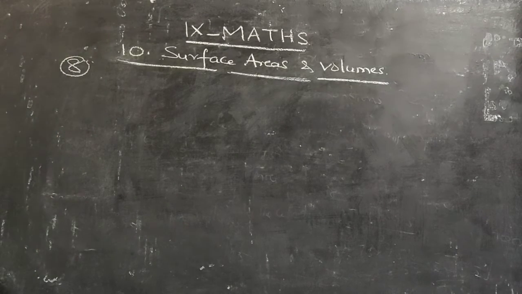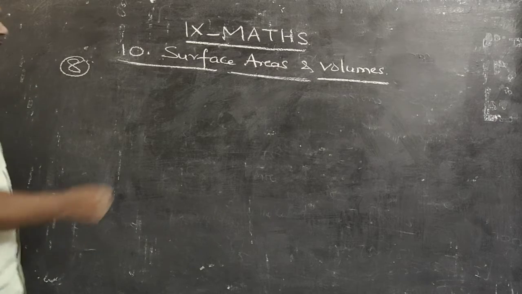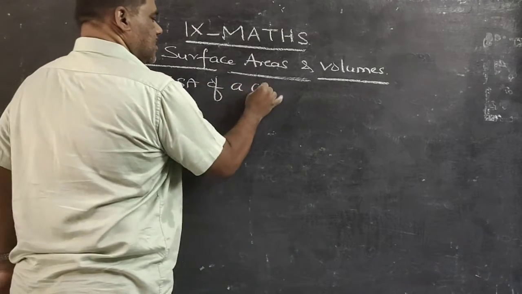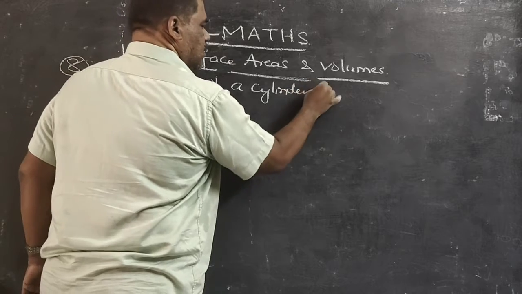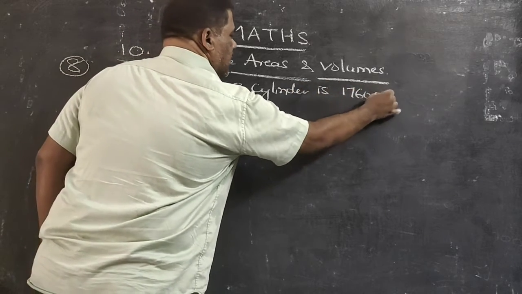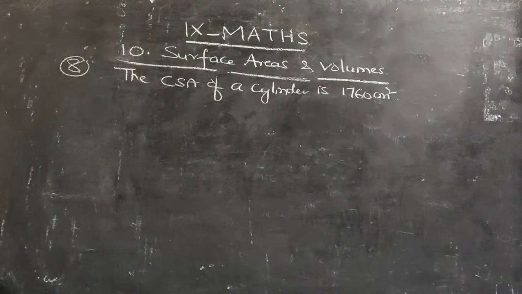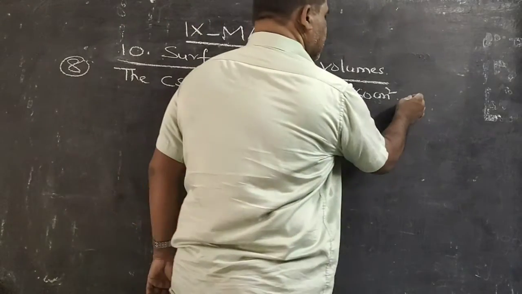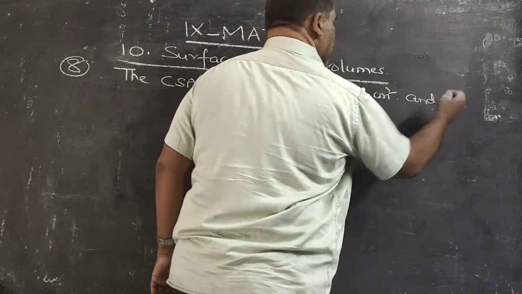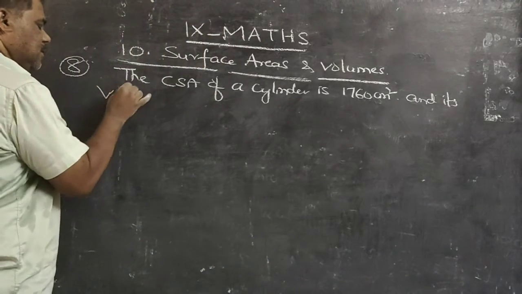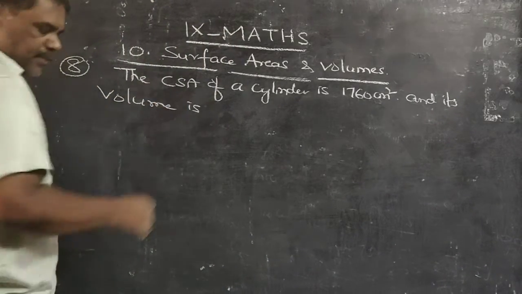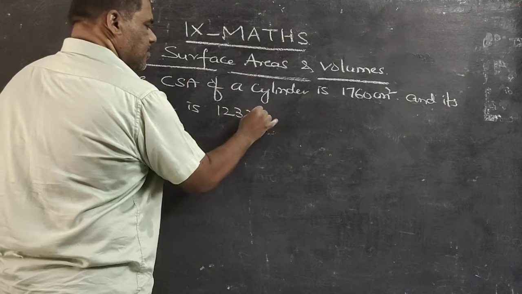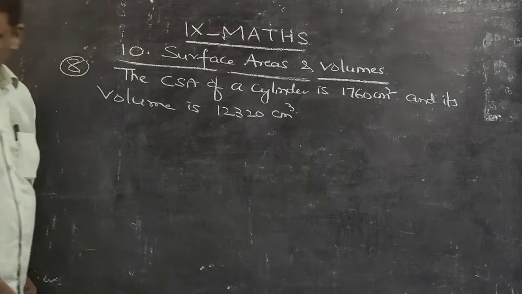Right, eighth problem. The curved surface area of a cylinder is 1760 centimeter square and its volume is 12320 centimeter cube.